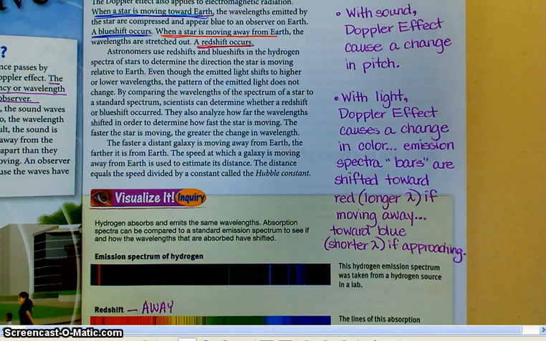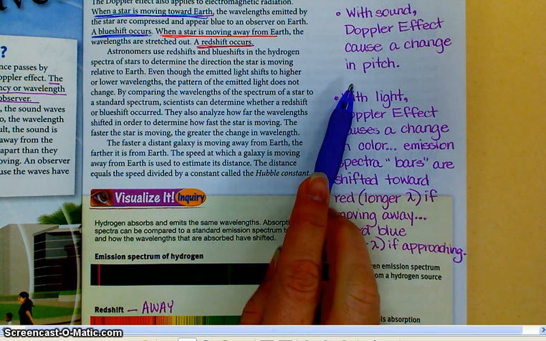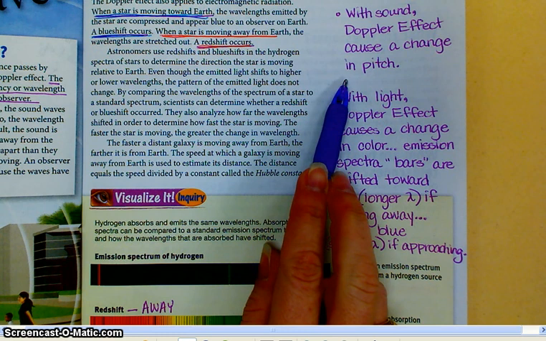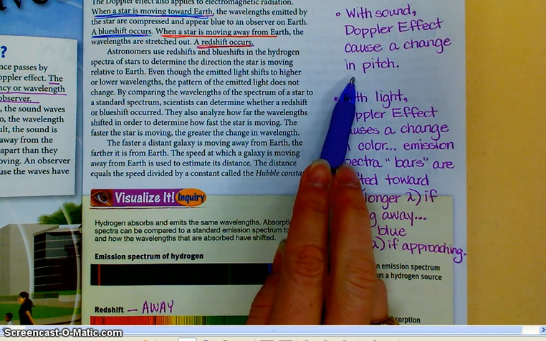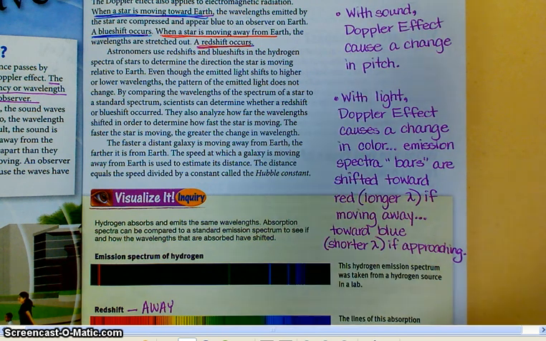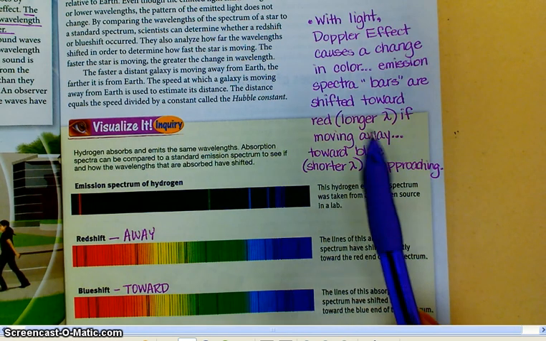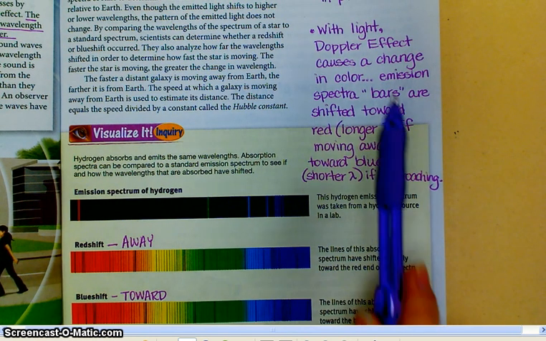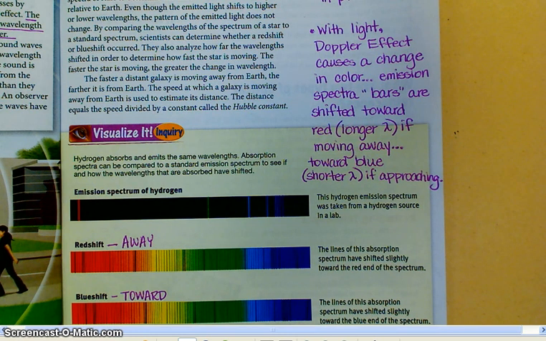Okay, so just a reminder, with sound, this is what you're more familiar with as far as the Doppler effect. You've heard that change in pitch as a car, for instance, approaches and then leaves. It goes from high pitch to low pitch. High pitch because the waves are compressed as they approach you. Low pitch because the object then moves away from you and the sound waves coming back to you are more spread out. Okay, with light, the Doppler effect causes a change in color.